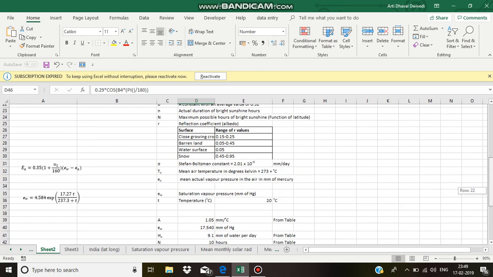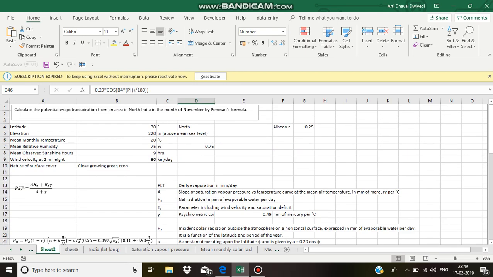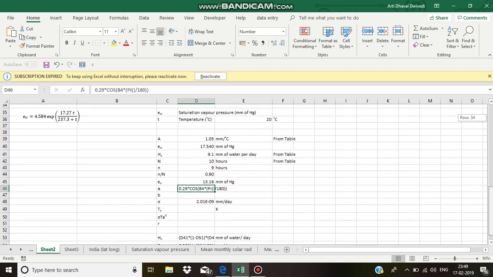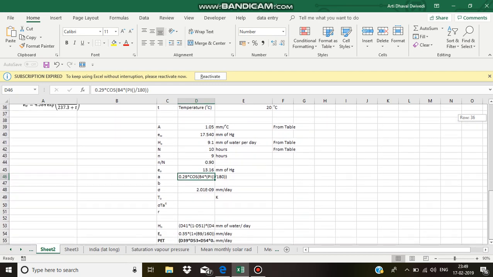B4 is the latitude, 30. And we have multiplied it by pi divided by 180 to convert it into radians to obtain the value of a. So 0.29 into cos B4 into pi by 180. So it will give us the value of a.